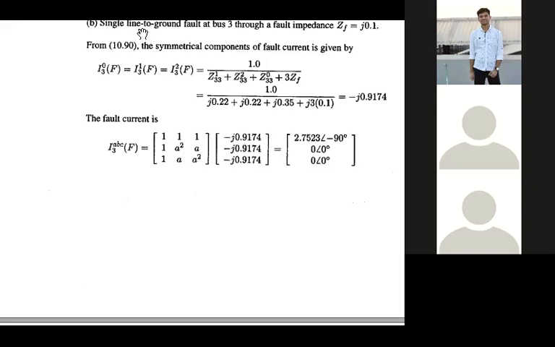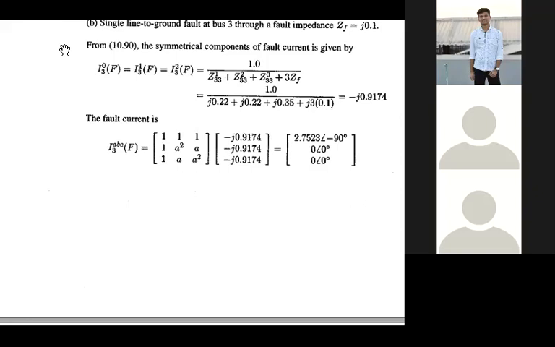That is actually an unsymmetrical fault, right? Because it is not symmetrical like the earlier scenario. Single line to ground, that is unsymmetrical. The balanced fault is a symmetrical fault. Though it is a fault, it is a symmetrical fault. It is something interesting, right?